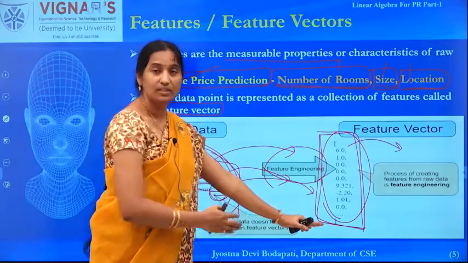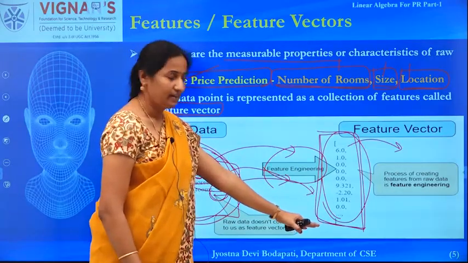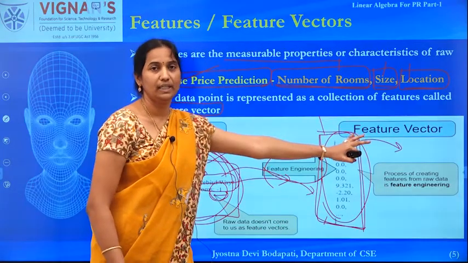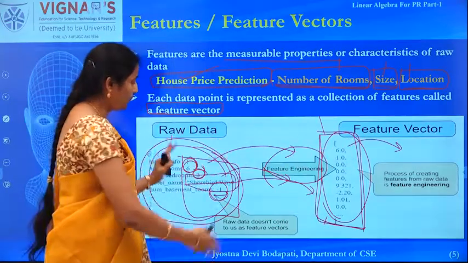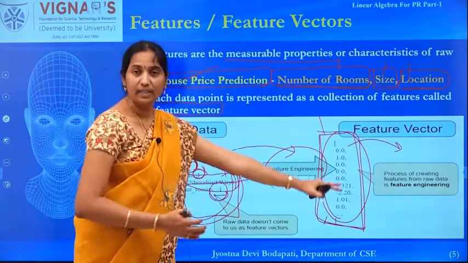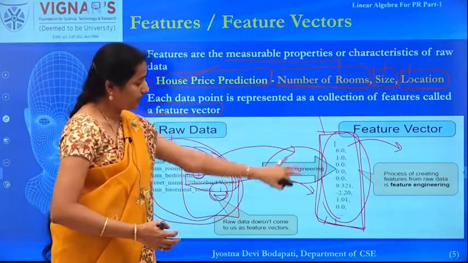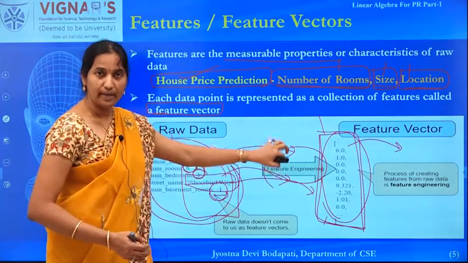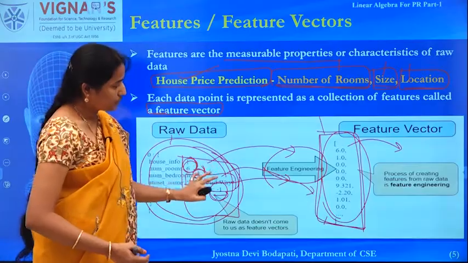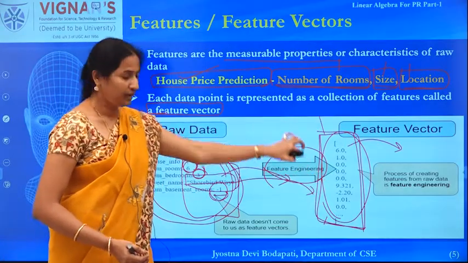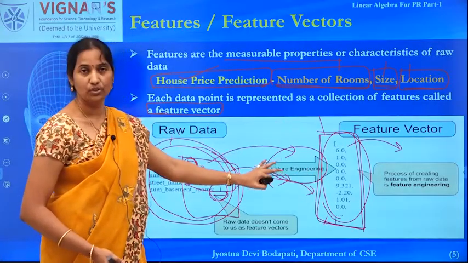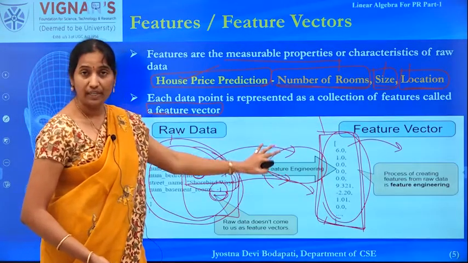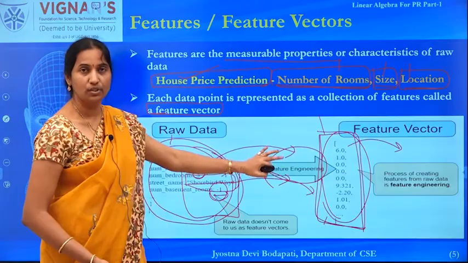This is called a feature vector, and these feature vectors form the input to your machine learning algorithm. To convert this raw data to a numerical representation, you need to apply a set of processes called feature engineering. The process you apply to convert the raw data to the numerical representation is called feature engineering. In later sessions we will discuss how we convert and apply feature engineering.